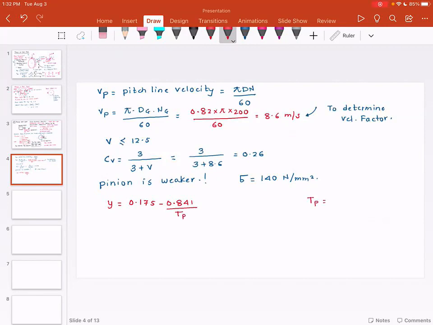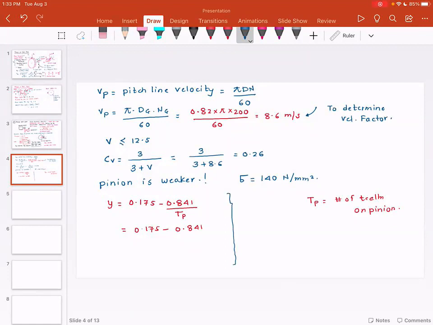TP is equal to number of teeth on pinion, and that is 0.175 minus 0.841 divided by TP, and here two variations are possible. So I just want to talk about two possible variations.